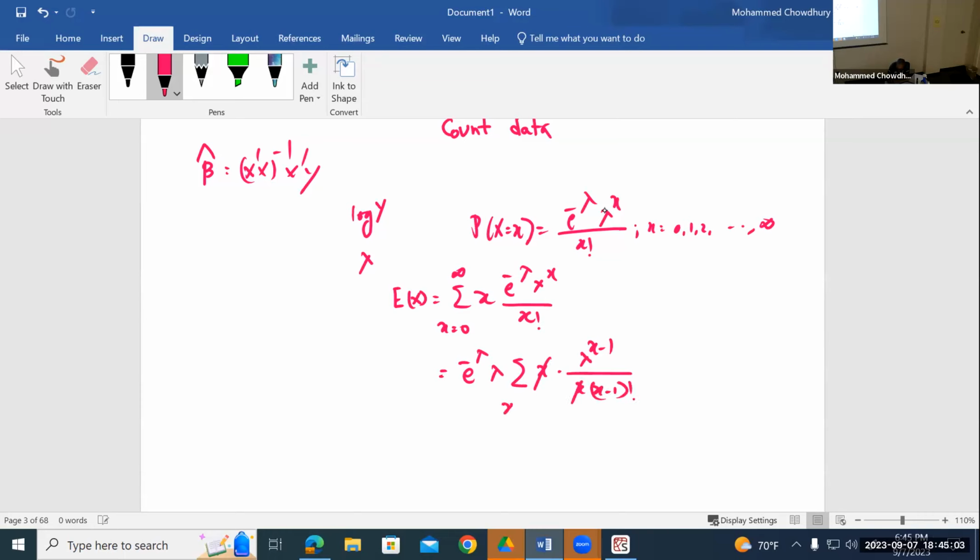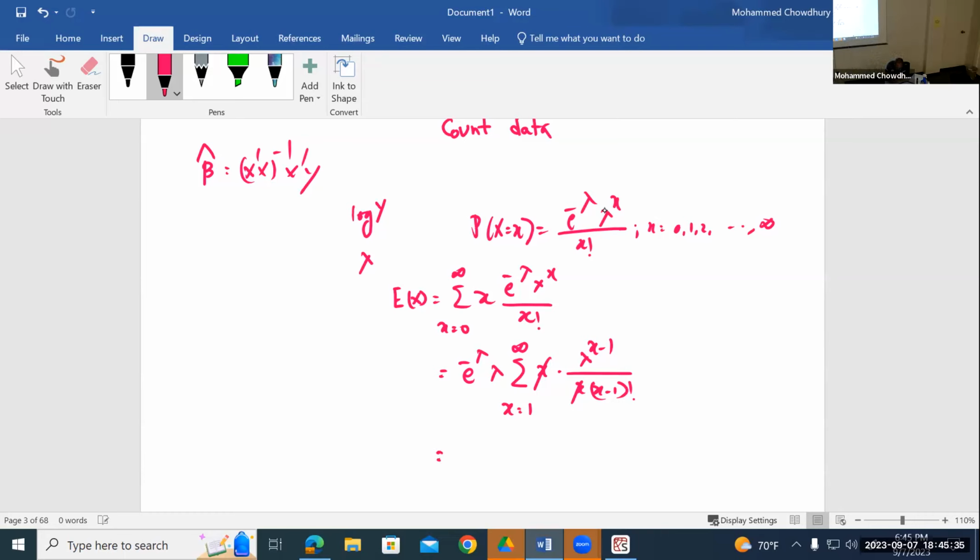This and that cancel, and x is now 1 to infinity, because previously it was starting from 0. As you are cancelling out 1, as you are taking 1 out, the range changes. If you do not change the range, that means you are exploding it, right? If you now plug in 0, then what will happen? Negative infinity, right? It will not work.